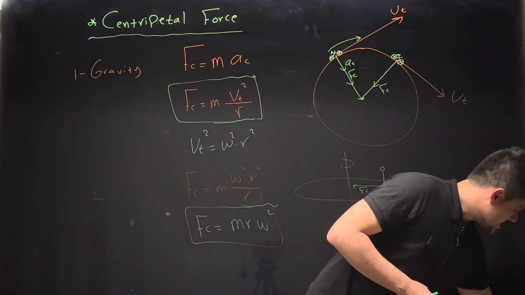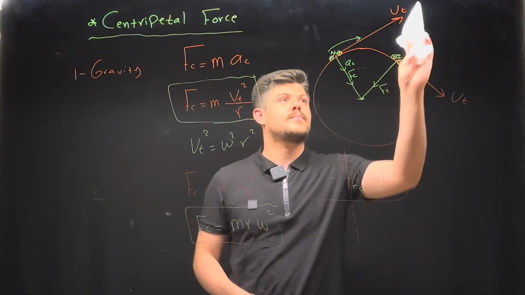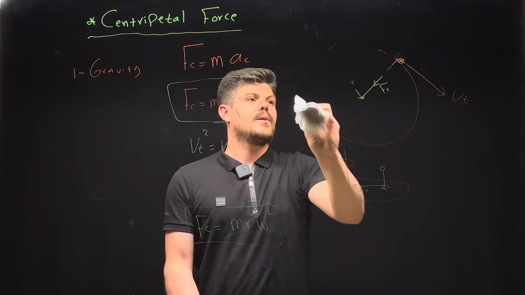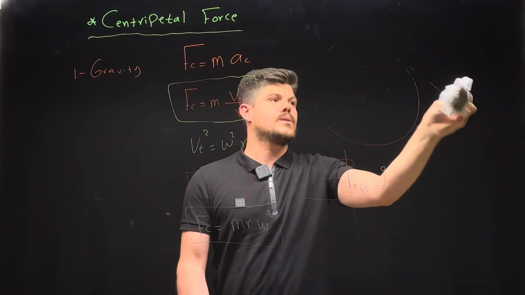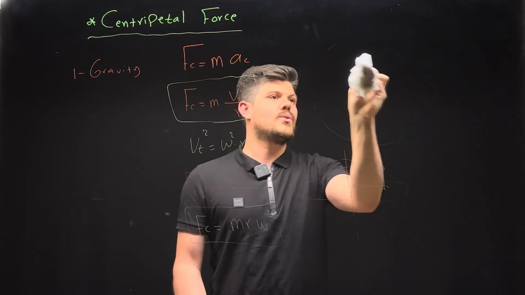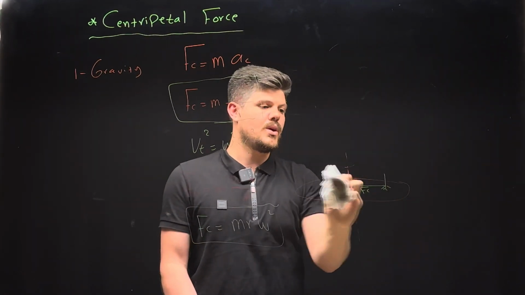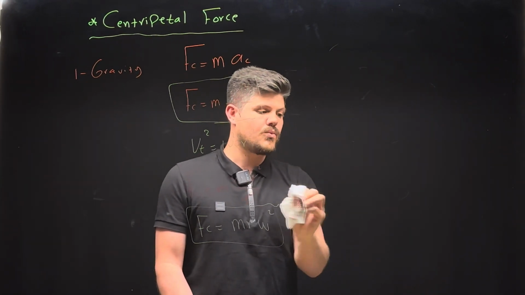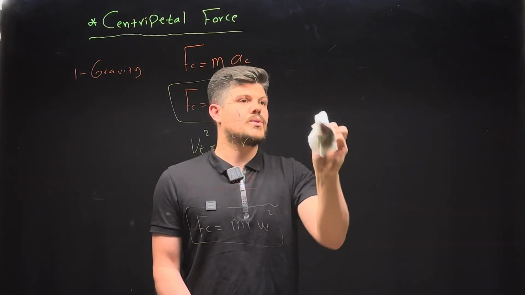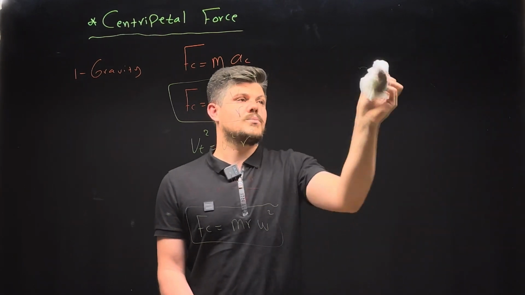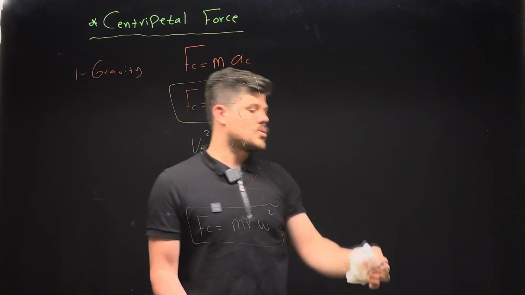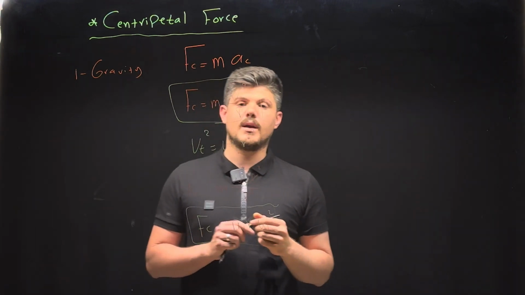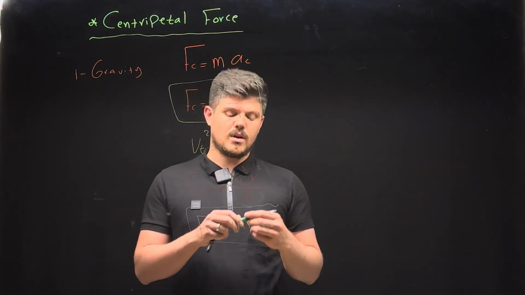For example, when Earth is orbiting around the Sun, the force that keeps the Earth around the Sun is the gravitational force. The source of the centripetal force between Earth and Sun is the gravitational force.